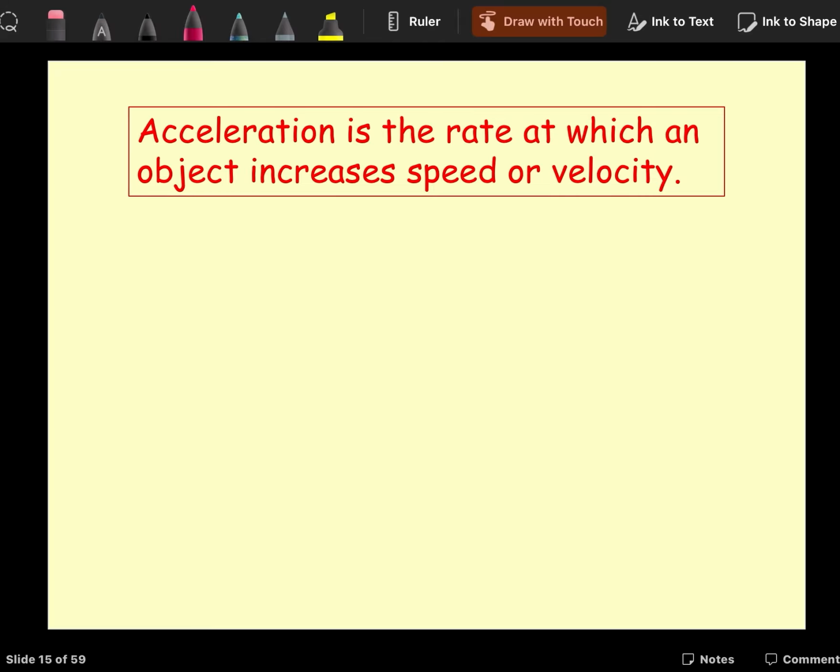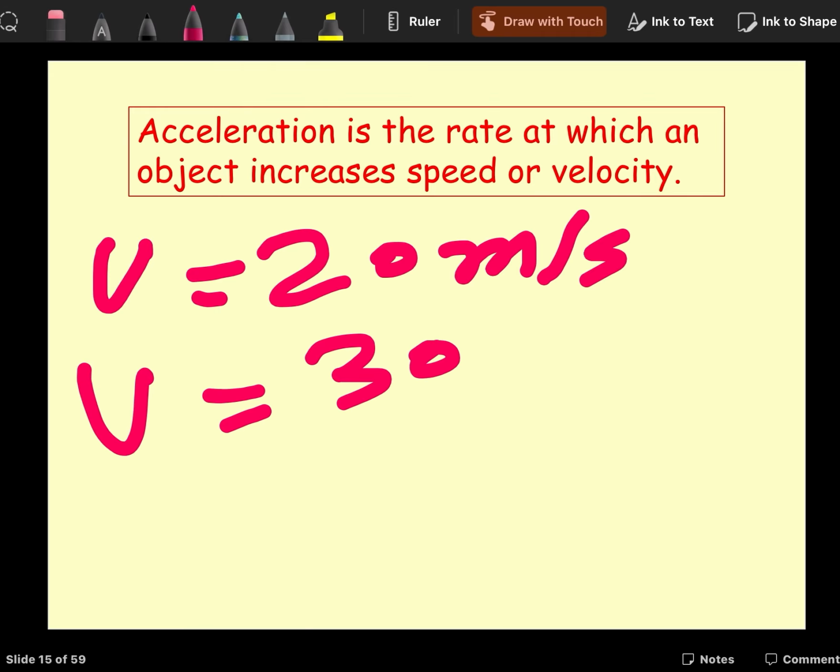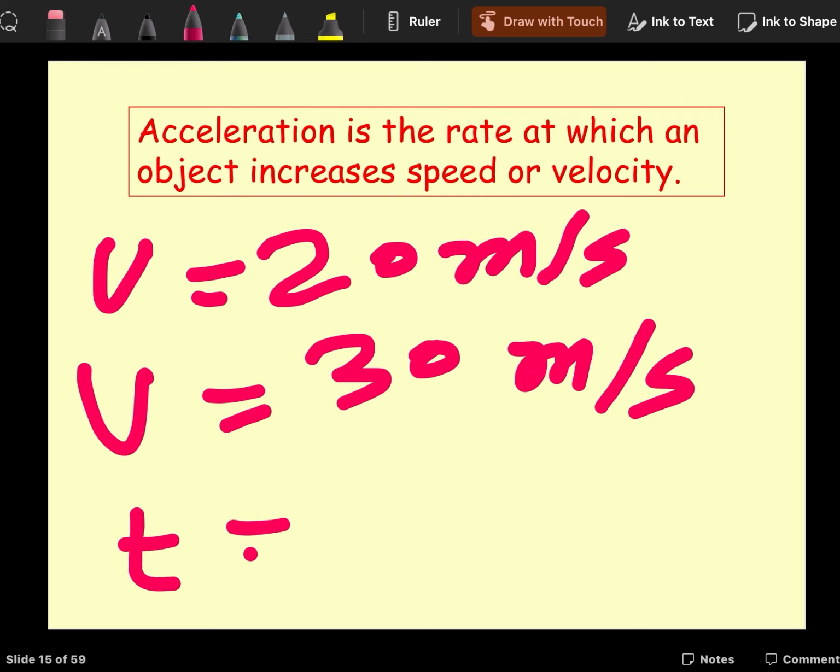Acceleration is the rate at which an object increases its speed or velocity. For example, some object's initial speed is 20 meter per second and the final speed is 30 meter per second. Look, its speed changed or not? When this changes, it will take some time, this time interval, for example 2 seconds.